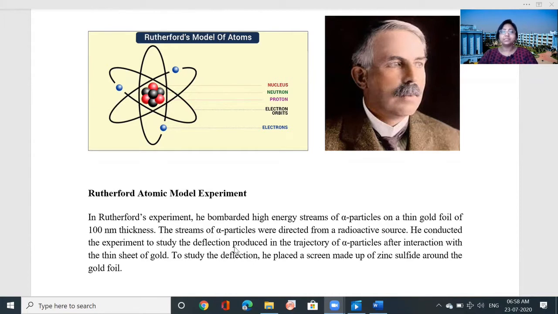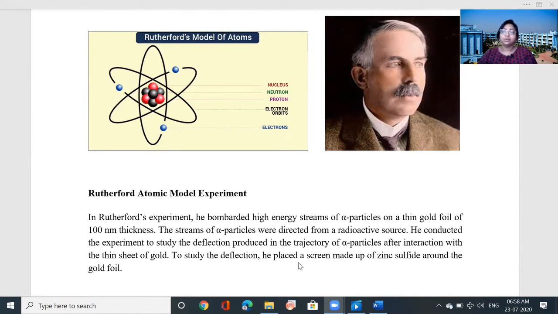The streams of alpha particles were directed from a radioactive source. He conducted the experiment to study the deflection produced in the trajectory of alpha particles after interaction with the thin sheet of gold. To study the deflection, he placed a screen made of zinc sulfide around the gold foil.